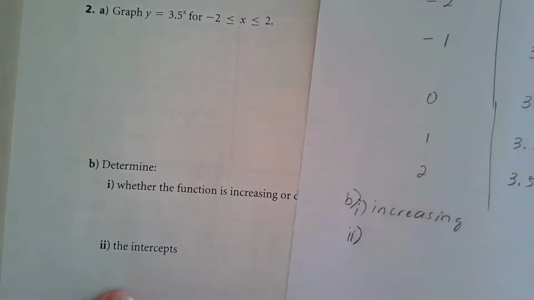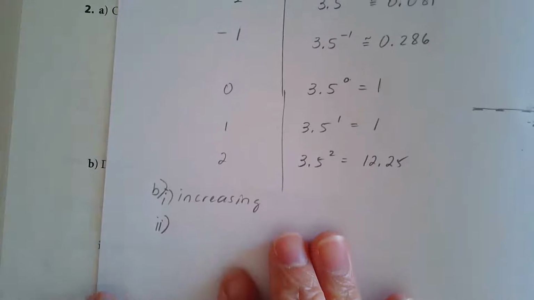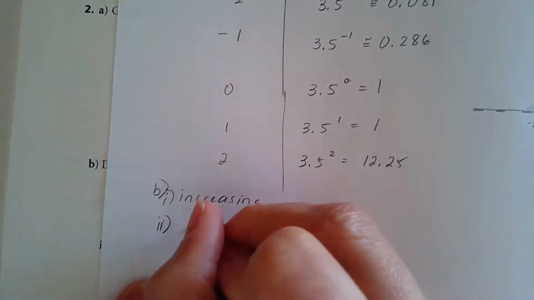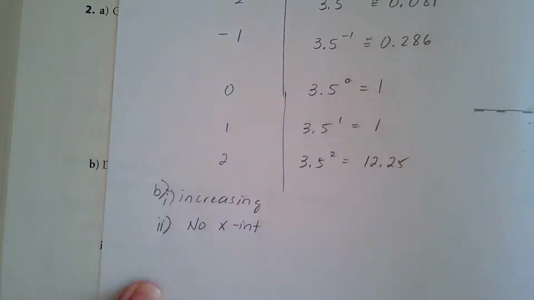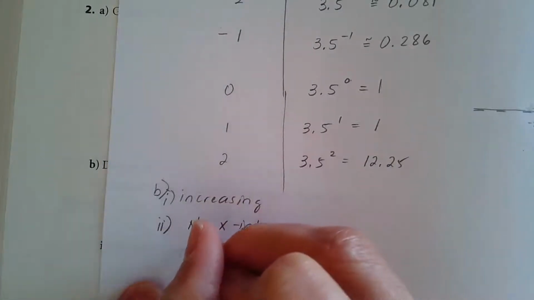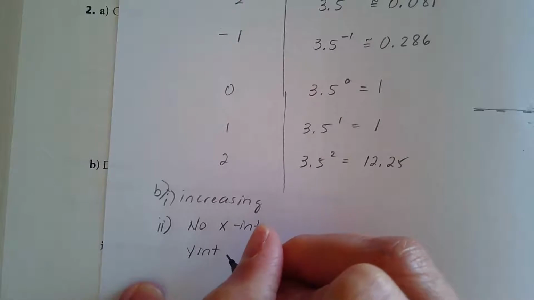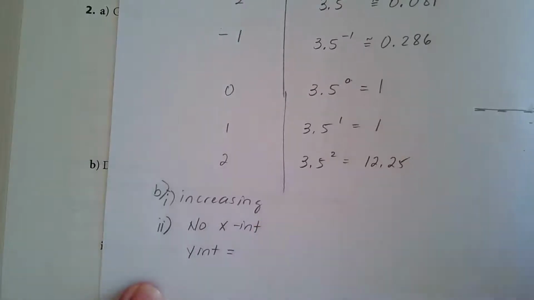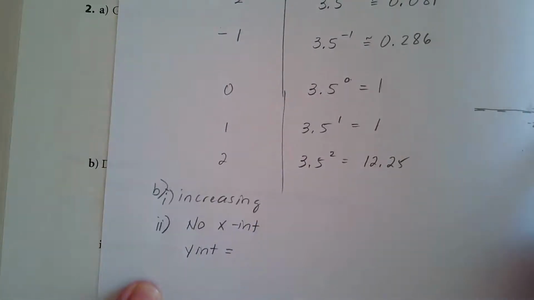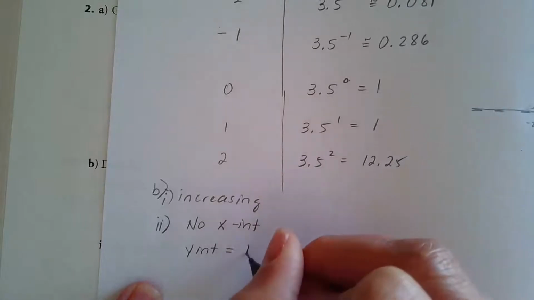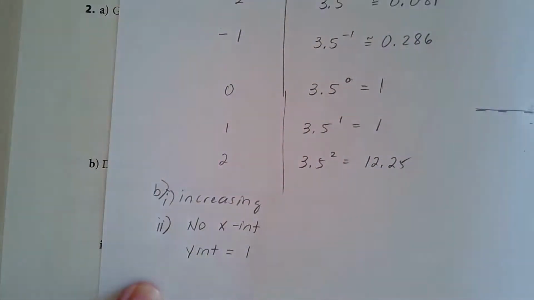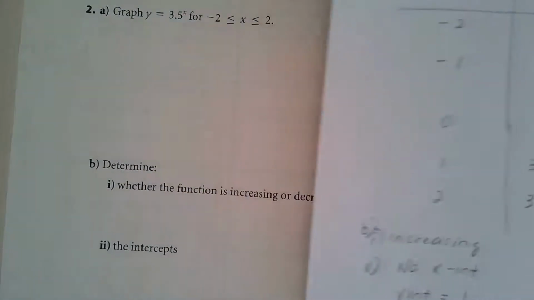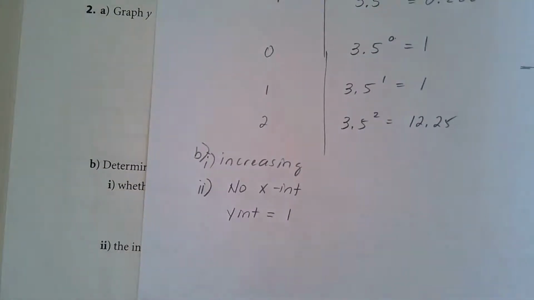And then what are the intercepts? So there is no x-intercept in this particular case, but the y-intercept is equal to 1. Okay, and then number 3, equation of the asymptote.